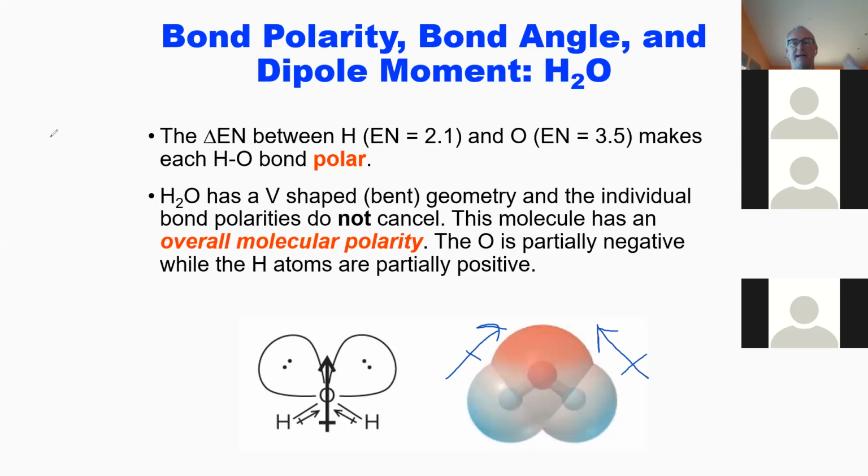So they're both pointing in the same general direction, but not completely level with each other. So if I add them together, I get a net dipole moment pointing up, and it's more than 0. So I have two polar bonds and I have a polar molecule because they're pointing in the same direction and not canceling each other out.